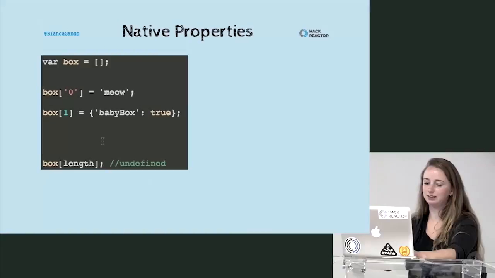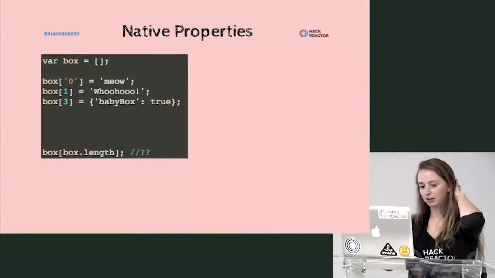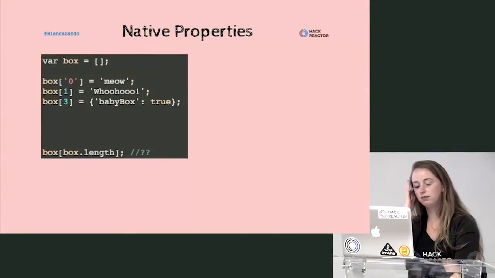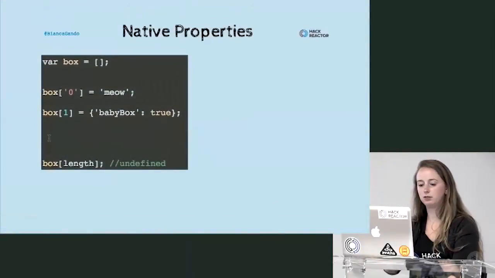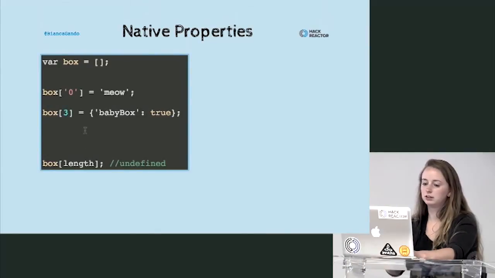So we did that one, and then here, what if we wanted to look at the last index of our array? Minus 1, like this? The length, just minus 1. Actually, that only works with slice. You're thinking of slice.